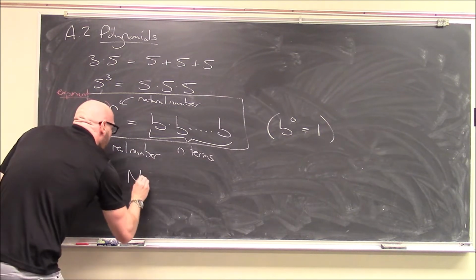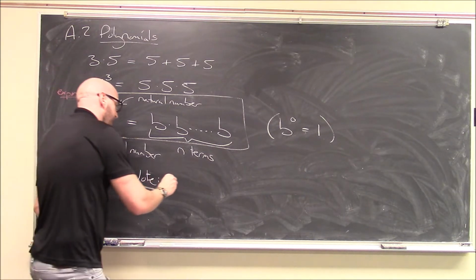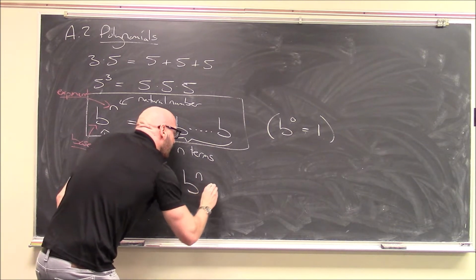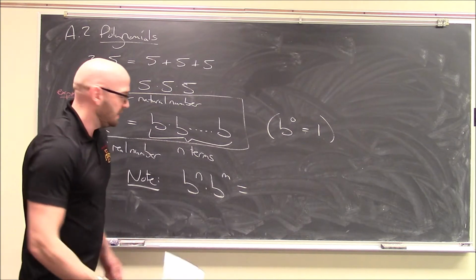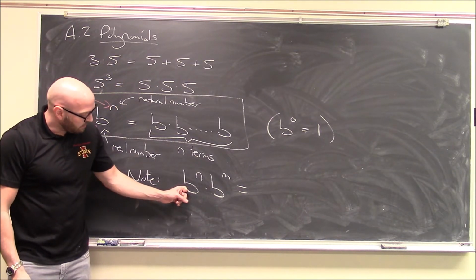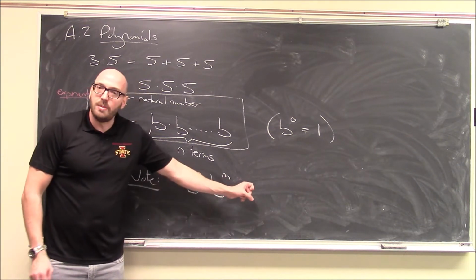And we'll make one note, an important property of exponents. If I take b to the n and then multiply that by b to the m, what should that equal? Well, how many copies of b do I have? This means b times itself n times, and then multiply that by m more copies of b.